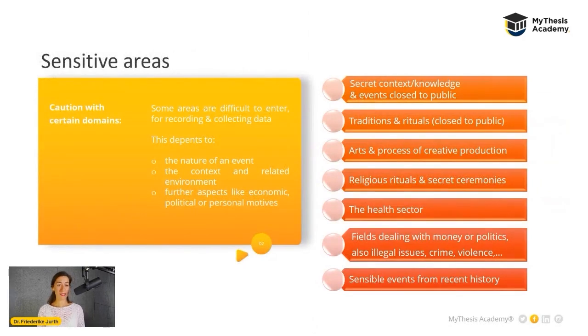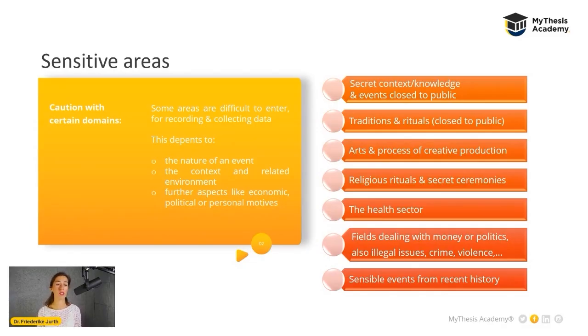So what exactly are we talking about? Which are these areas and domains where you need to pay special attention if you enter the field, if you record and collect data? First, it depends on the nature of the event.